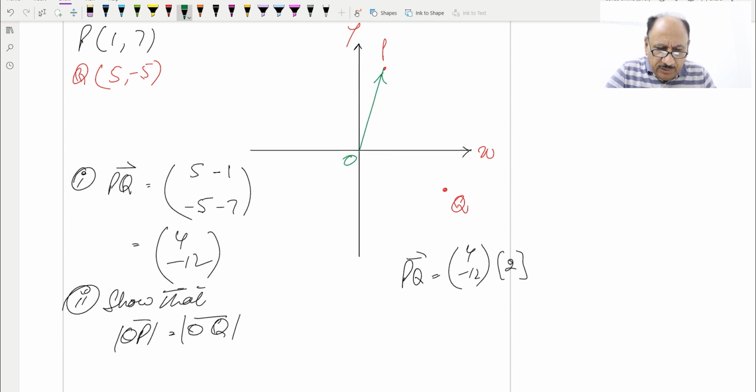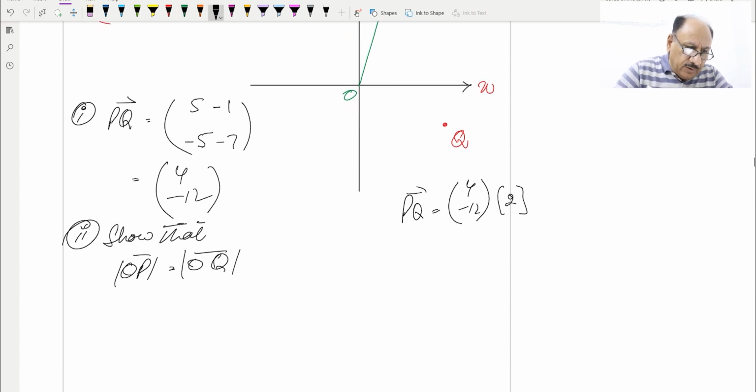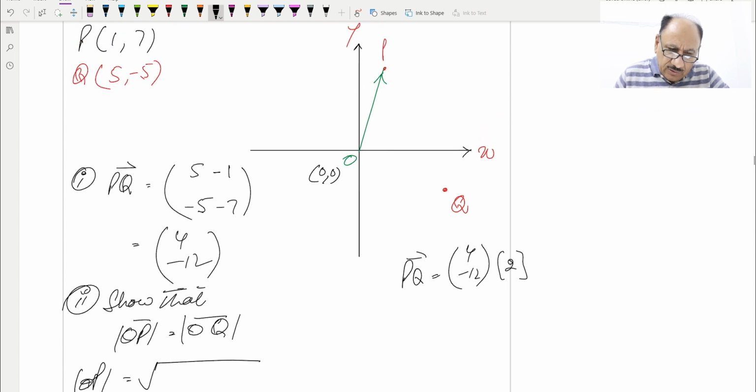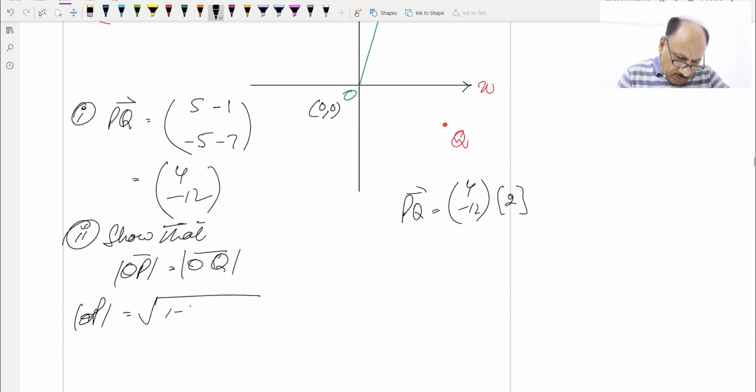Mod OP will be, with the coordinates of the origin 0, 0, and P being 1 and 7, root of 1 minus 0 squared plus 7 minus 0 squared, which is equal to root of 1 plus 49, and this will be equal to root 50.